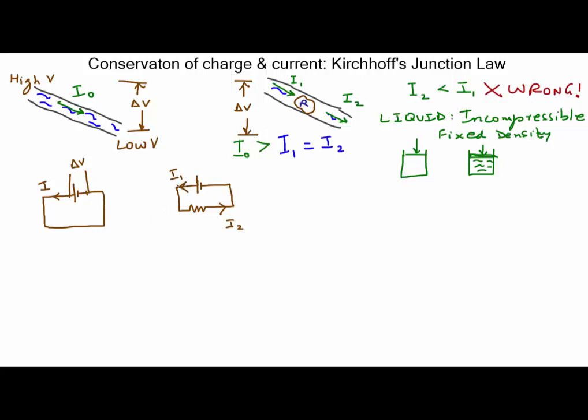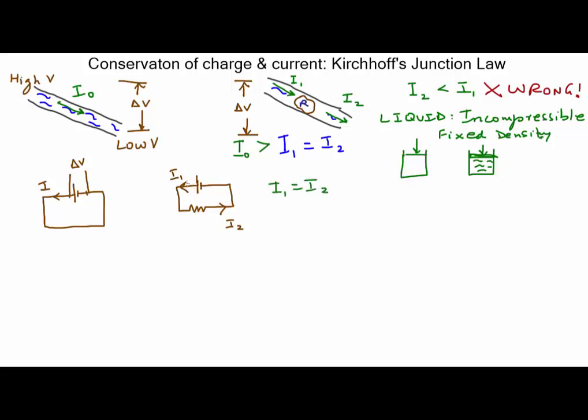Now you know that these sections of wires have lots and lots of electrons, so it's a very high density of electrons. Any small piece of wire would have more than 1 trillion electrons. And so electrons in a wire act similar to liquids in the sense that they're already packed very tightly and they can't be compressed. And so the same argument holds good in this case also, and that tells us that I1 has to be equal to I2.